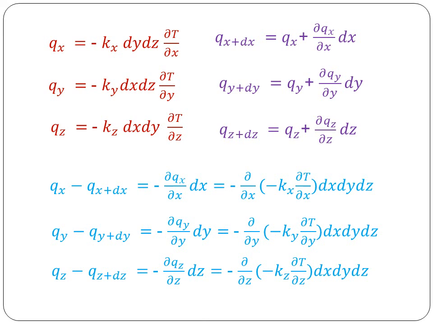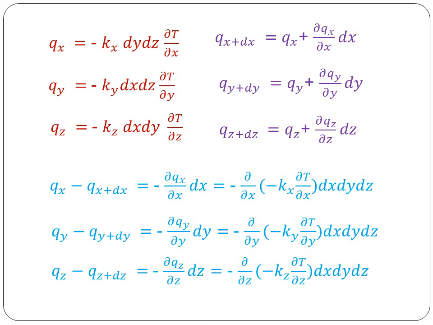So, this is the term which remains after you take the difference of Qx and Qx plus dx, and I substitute Qx as minus Kx dy into dz, that is area, into del T by del x, right.